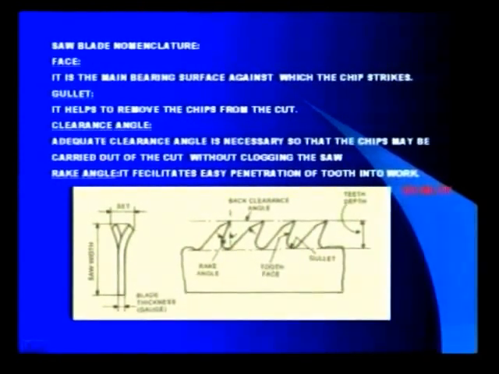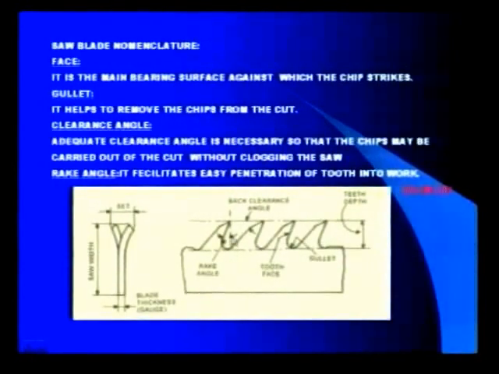The nomenclature of typical saw teeth are as shown in figure. It has a face. It is the main bearing surface against which the chip strikes. Gullet. It helps to remove the chips from the cut.